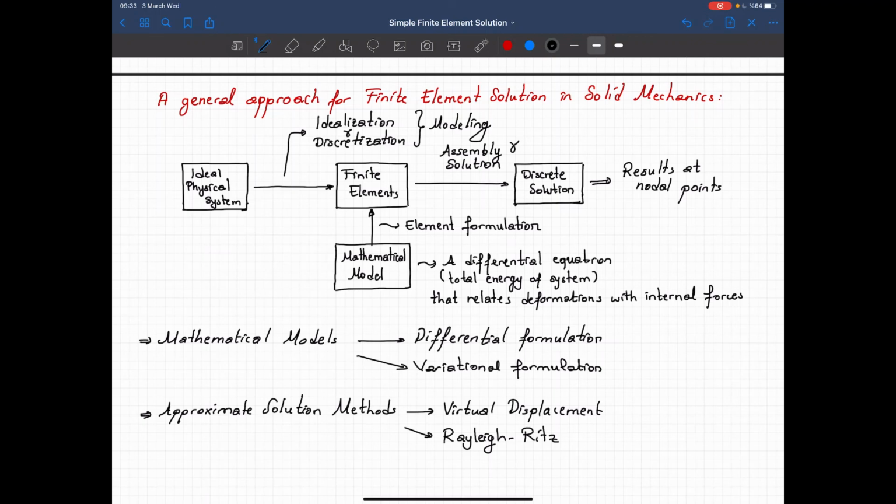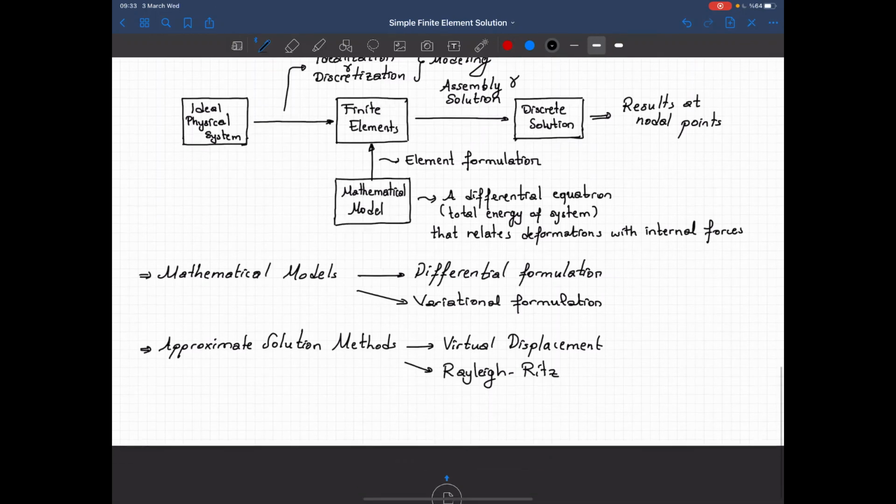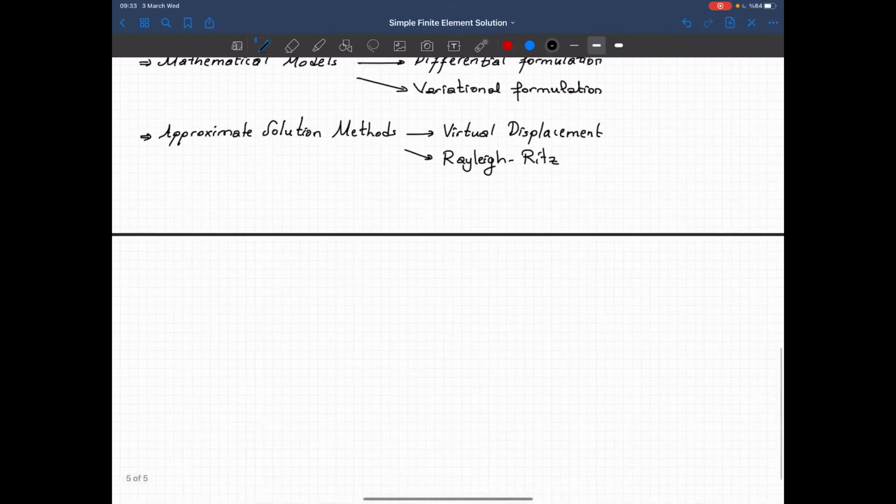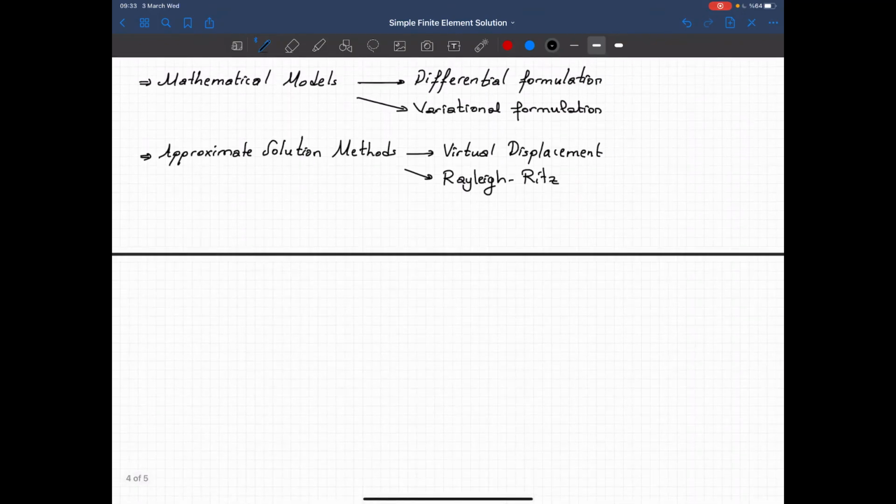So when we have multiple elements, some discontinuities in the system, using these approximate solution methods is very difficult, very time consuming. So that's why we won't be doing the approximate solutions, but we will do discrete solution.